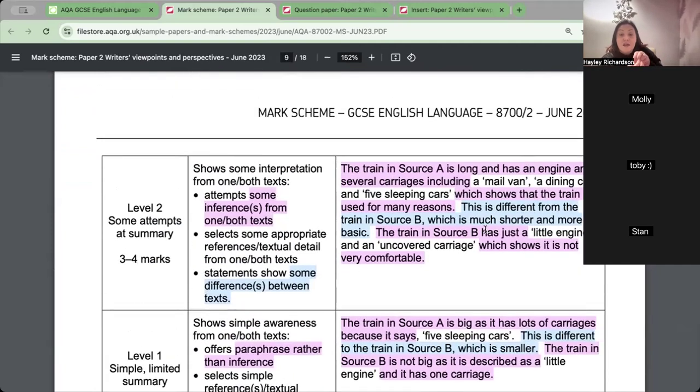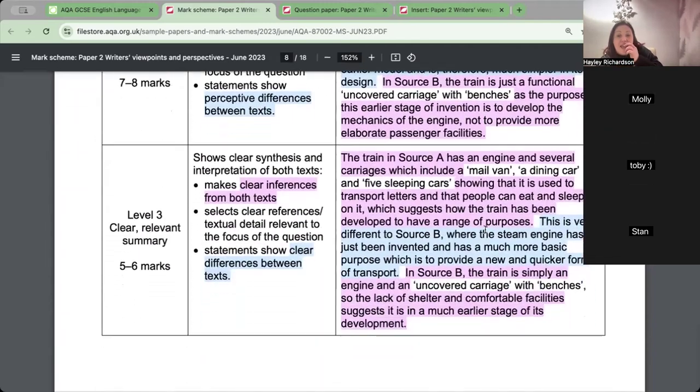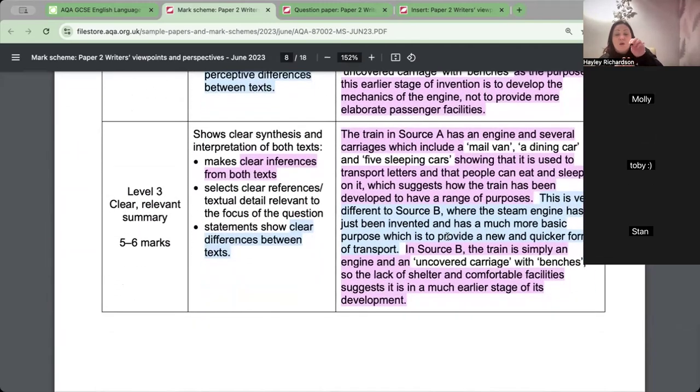This one is, what does the text say, and what has the writer done to make us understand that a little bit more? And how is the effect of science or history, how has that affected the writer to write it this way?